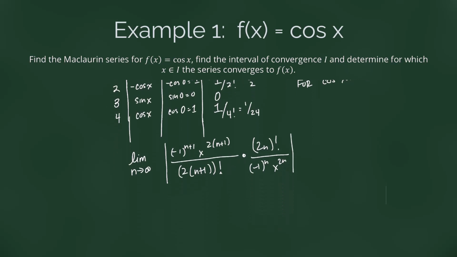If we tidy that up a little bit, first of all, the absolute values allow us to, in some sense, ignore the negative 1 terms because they're going to become positive. So we can just think of this now as x to the 2n plus 2 over x to the 2n times 2n factorial over 2n plus 2 factorial.